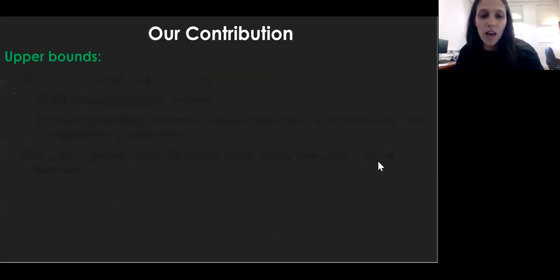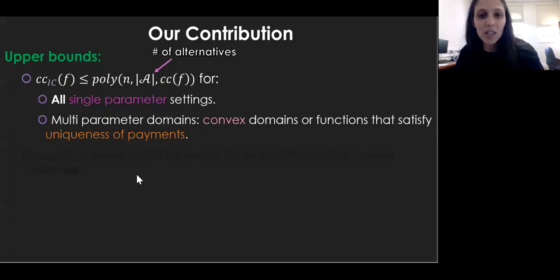Okay. We also provide some upper bounds. For example, for deterministic implementations, we show that if you include in also the number of alternatives, then you get a polynomial algorithm for payments, which takes a polynomial factor of the number of players, the number of alternatives, and the communication complexity of the function for all single parameter settings, and also for convex domains and functions that satisfy uniqueness of payments.